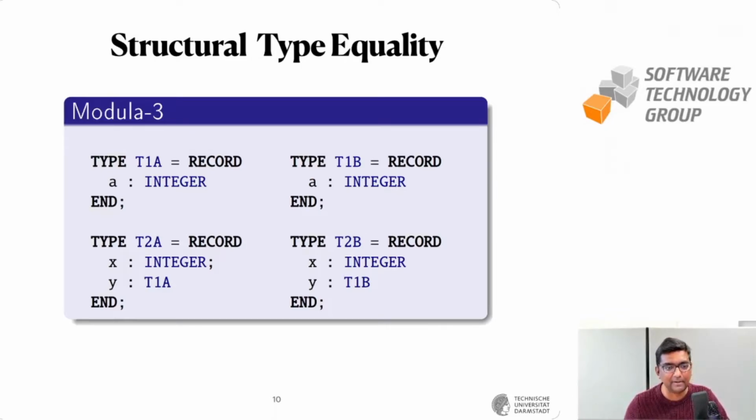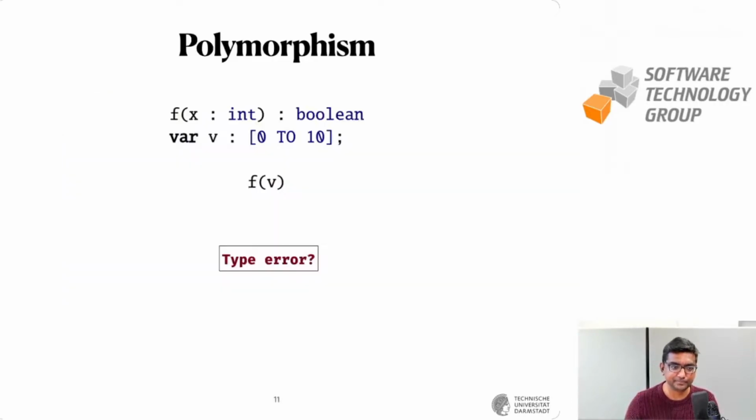Type t2b is a record which contains a value of type integer, and internally also contains a value of t1b, which is structurally the same as t1a in that it contains one integer. So any variables of type t2a and t2b would be the same type, right? Which means your type checker would say, if you have a1 of type t2a and a2 of type t2b, a1 equal to a2 would type check. So this is the notion of structural type equality which some languages perform.